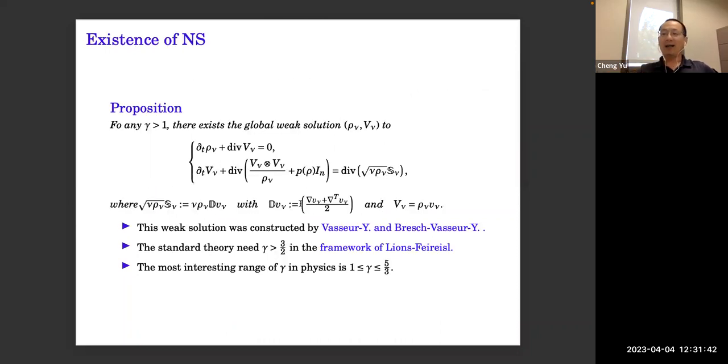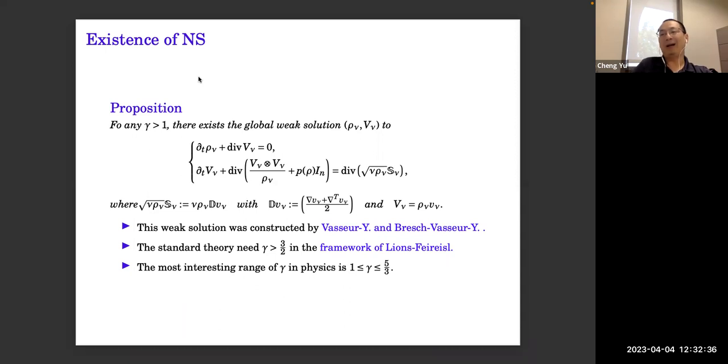Okay, so now let's look step by step, starting with the first thing. How can we construct a subsolution for the compressible Euler equations? Let's recall the existing results on the compressible Navier-Stokes equations. As we know, the global existence result for the incompressible Navier-Stokes equations was established many years ago. But the compressible case is a different story. The first result was obtained by Lions in 1995 or 1996.